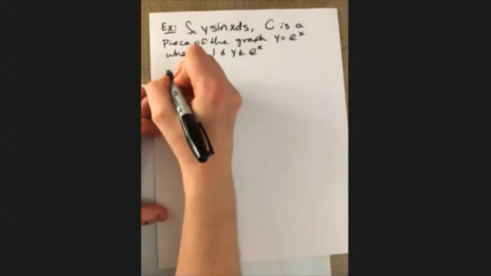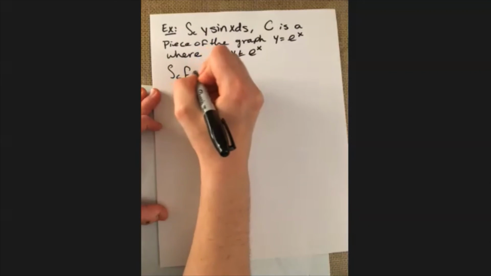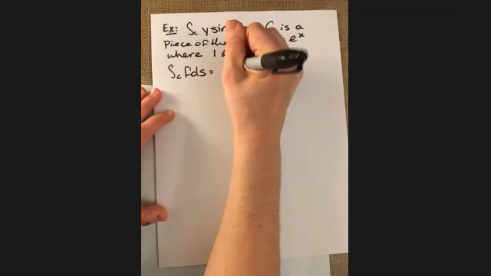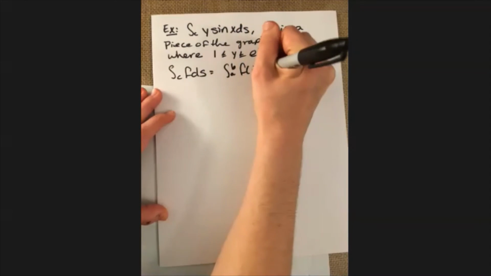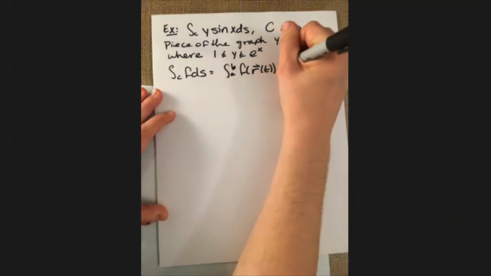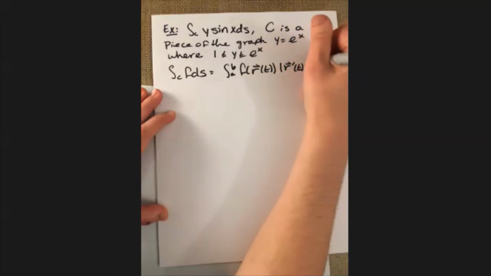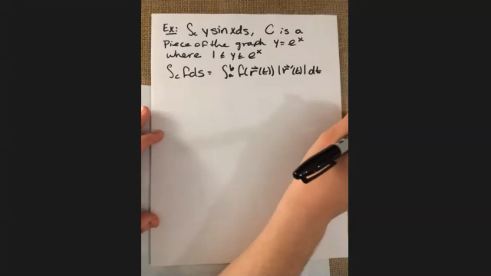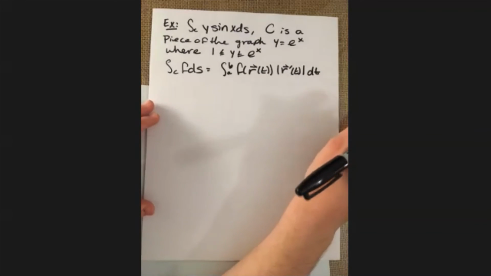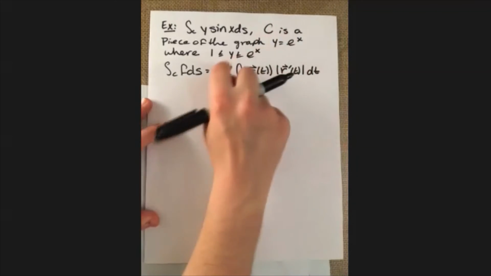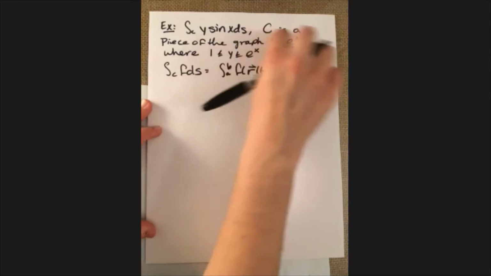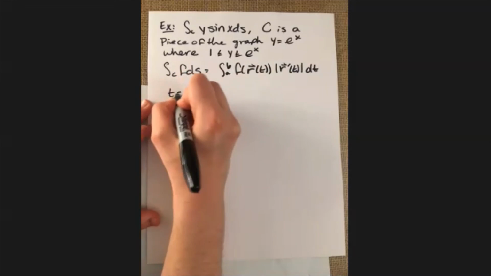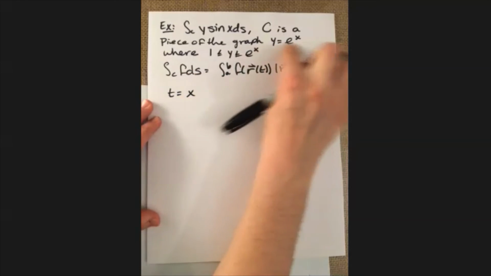Okay, so remember that our goal is to take this format here and rewrite it as an integral from a to b of f evaluated at r of t times the norm of r prime of t dt. So first we have to parameterize our curve. In this particular instance, we're taking t equal to x because we have a function.